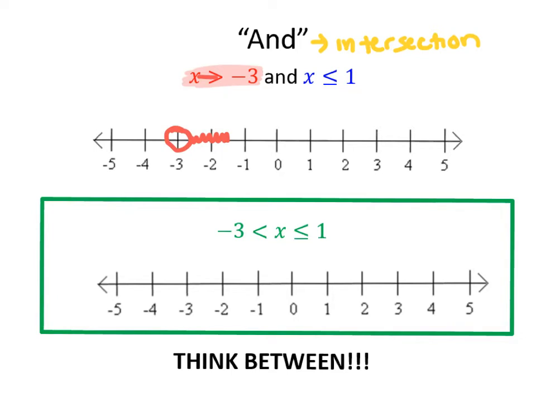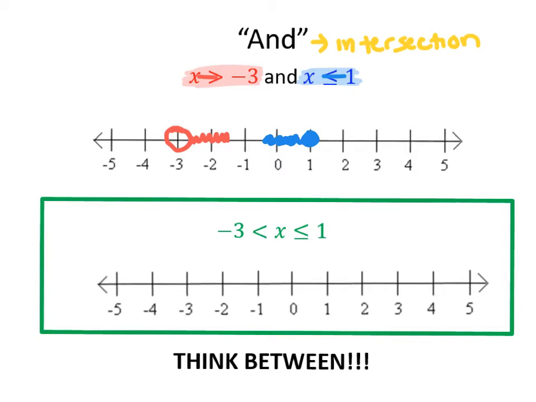However, we're not going to go the entire way, to see where the intersection is going to happen, because in my second inequality, I have x is less than or equal to 1. So that would have a closed circle at 1, because there's a line underneath. And since x is first and it's pointing to the left, I can start to shade to the left.